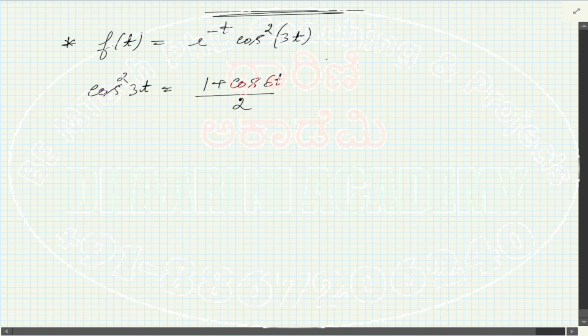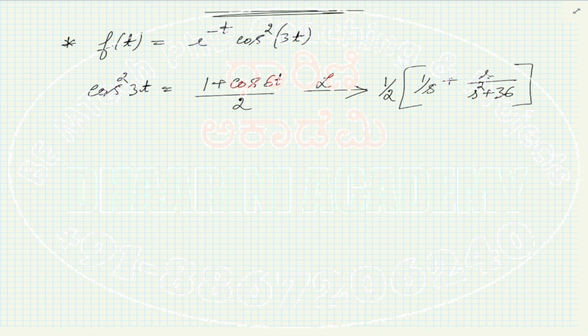Now if this is a function, I can take its Laplace, and I can write this as, there is a 1 by 2 which I want to keep outside. So 1 plus cos function is there, 1 becomes 1 by s, and cos becomes s divided by s square plus 36, s square plus a square.